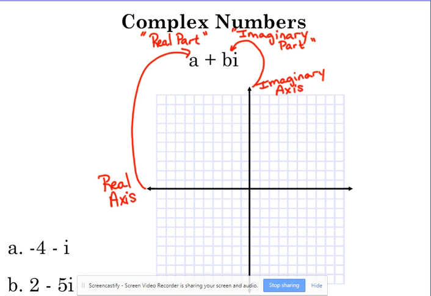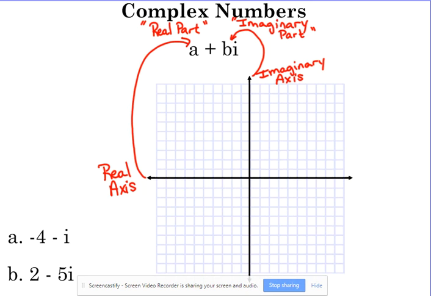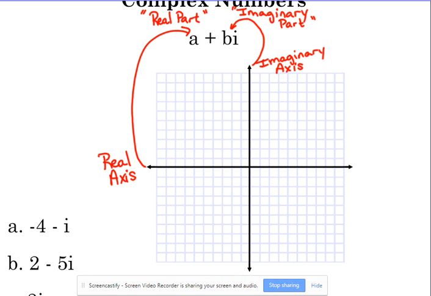Okay, so if we have the complex number -4 minus i, and we want to graph that on the real and imaginary axis, we need to go left 4, because -4 is the real part. Then we've got to go up or down. Well, there's nothing in front of our i except a minus, so what is that understood to be? -1, right?